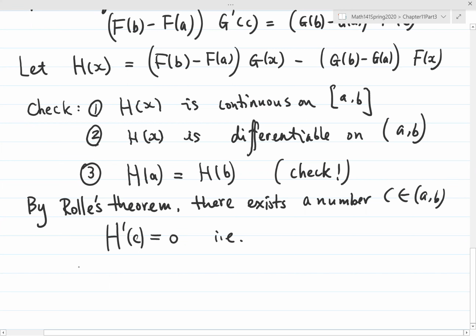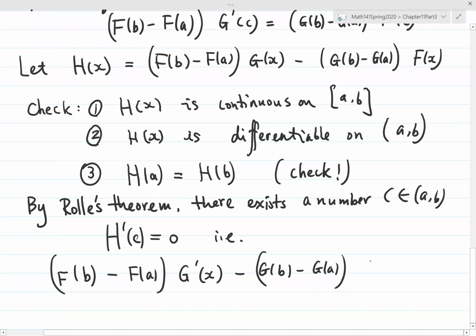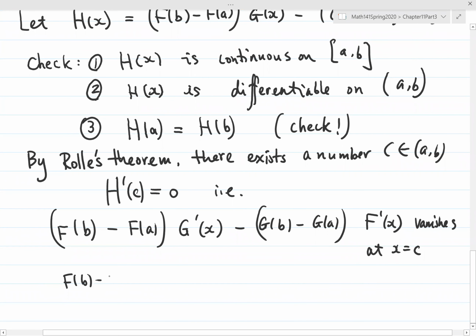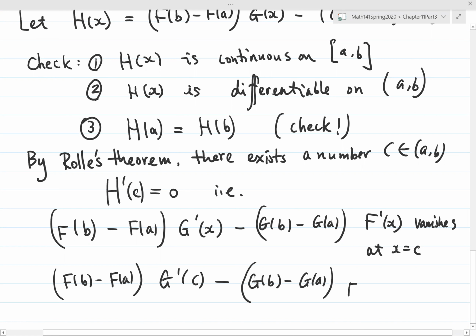I.e., if you differentiate, H prime is (F(b) minus F(a)) times g derivative x, minus (g(b) minus g(a)) times F derivative x, and it vanishes at x equals c. Now you plug in c, you get (F(b) minus F(a)) g derivative c minus (g(b) minus g(a)) capital F derivative c vanishes.